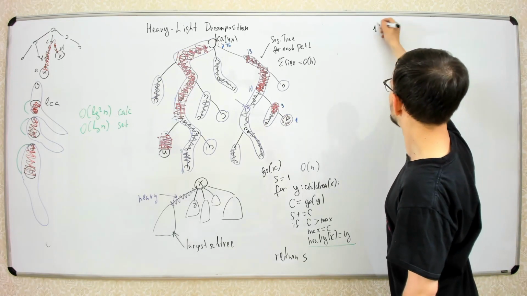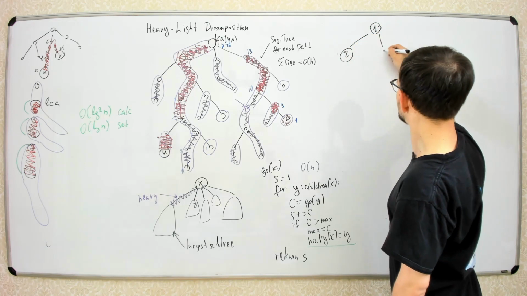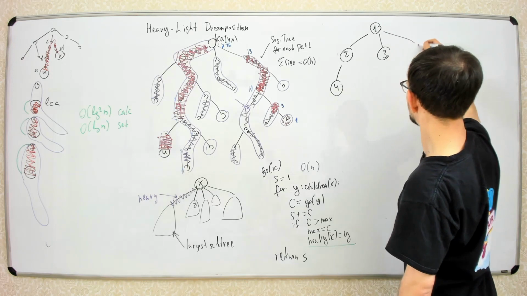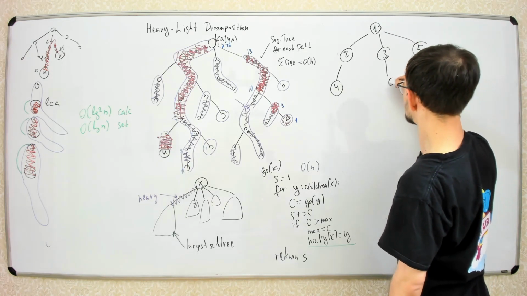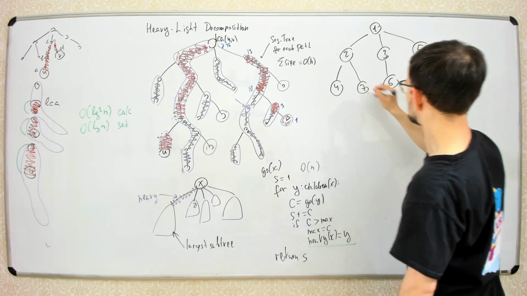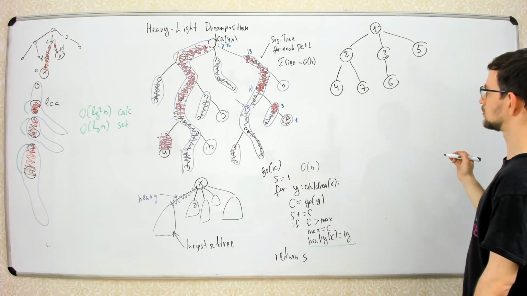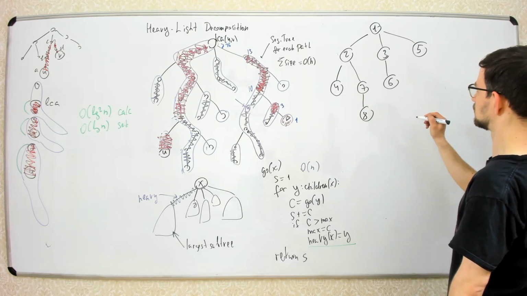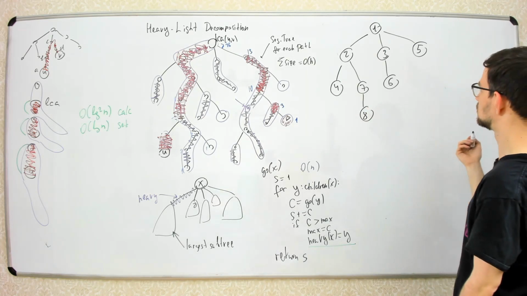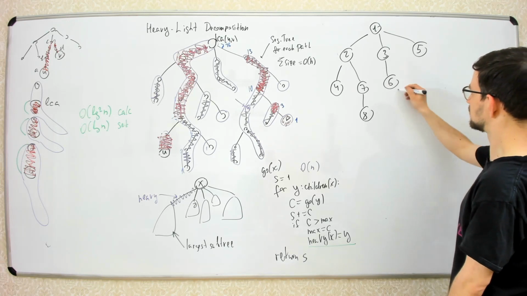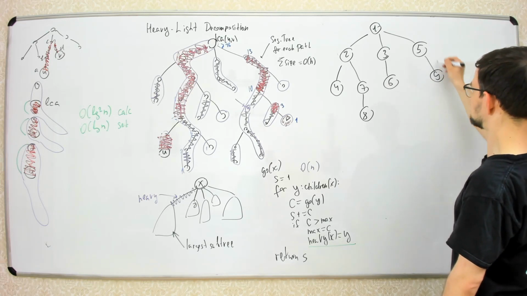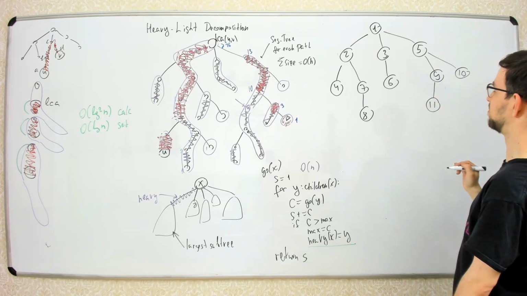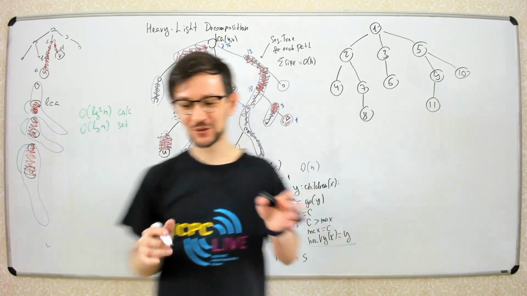So I need node 1, node 2, 3, let's say 4, 5, 6, 7, 8, 9, 10, 11. I need to stop at some point. Okay, that's good enough.